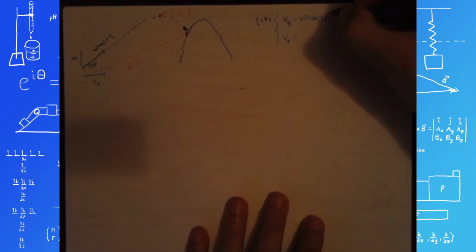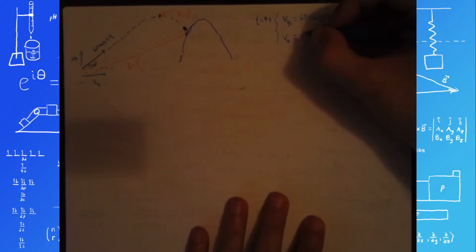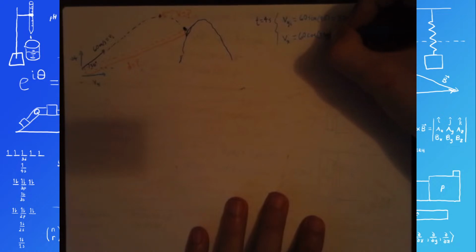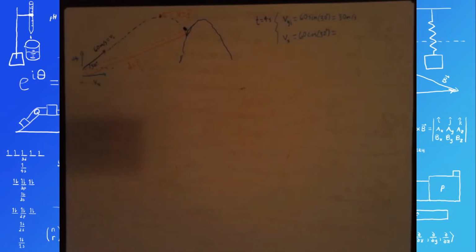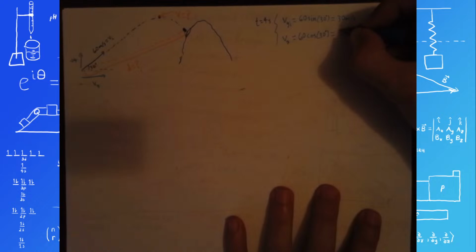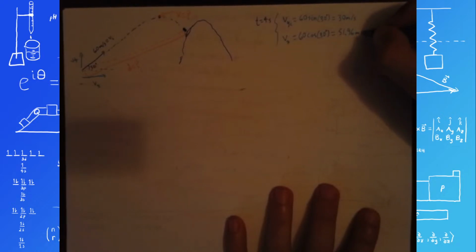Sine of 30 is exactly 1/2, so Vy initial is 30 meters per second. And Vx, 60 cosine of 30 degrees, is approximately 51.96 meters per second.